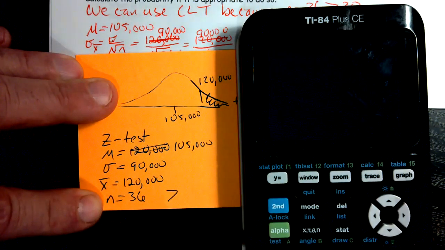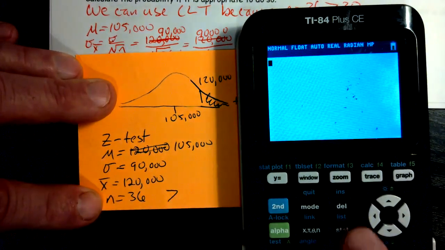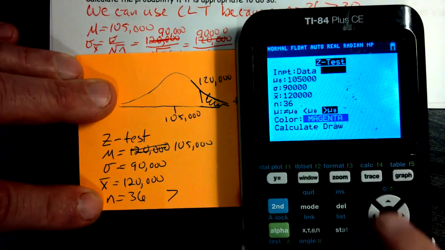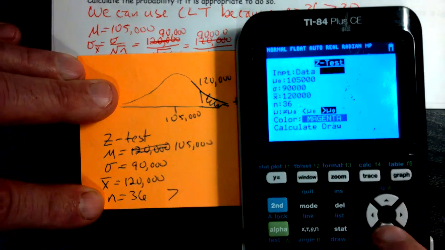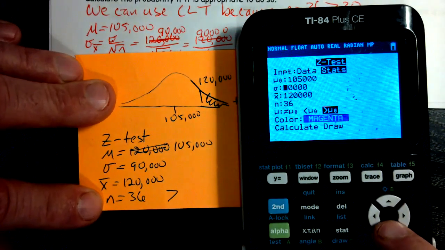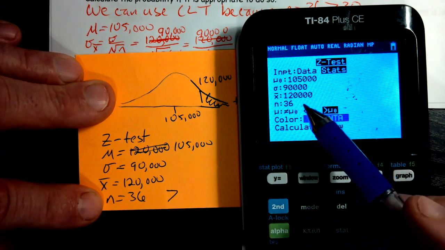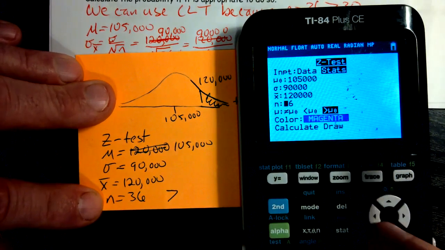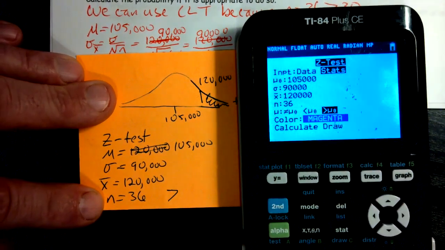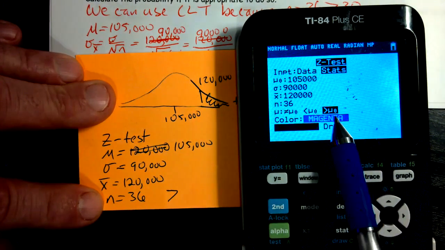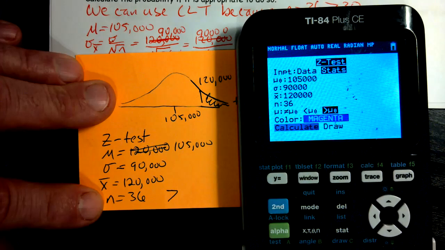So hopefully I don't mess this up again. So we're going to go stat, test, z-test. Make sure stats is highlighted. We wanted a mean of 105,000, standard deviation of the population of 90,000, a sample mean or X bar of 120,000, a sample size of 36, and we needed to shade to the right for a greater than. Make sure you have that selected and press enter, then press calculate.